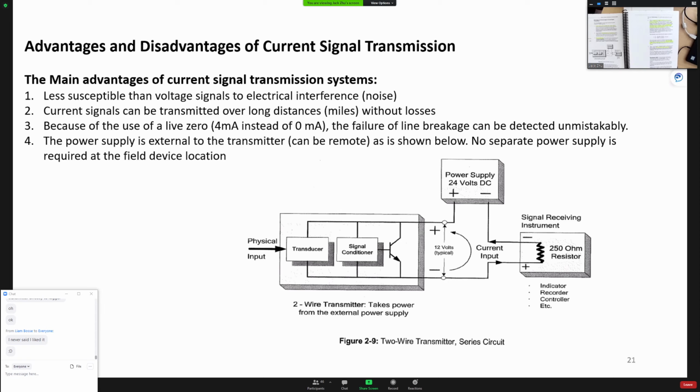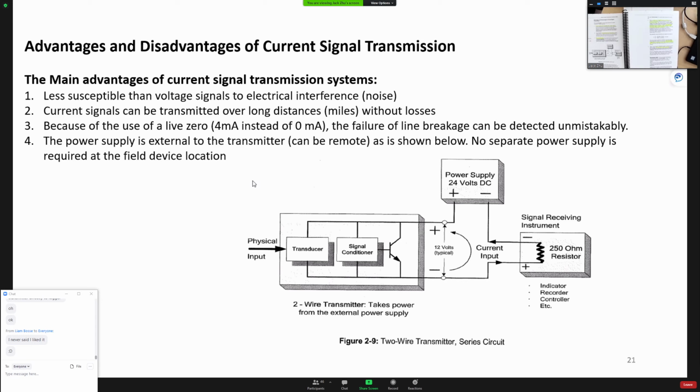There's going to be no current, right? Because it's a series circuit. If you have an open circuit, there's no current flow. So if the device doesn't receive any current, then you know either the wire is broken or some of the equipment has an open circuit. That's what live zero means.